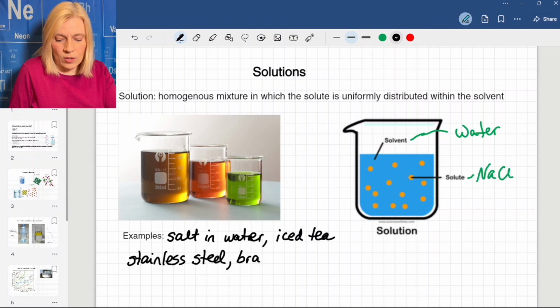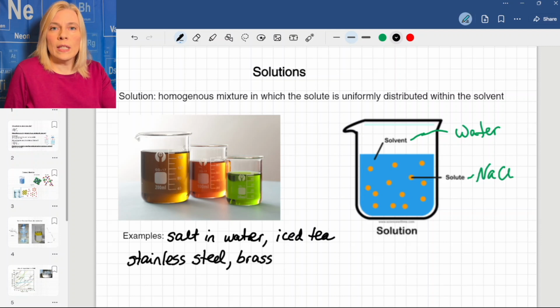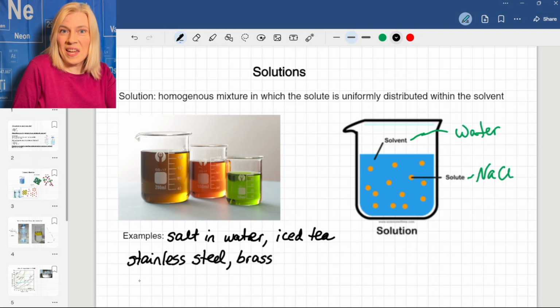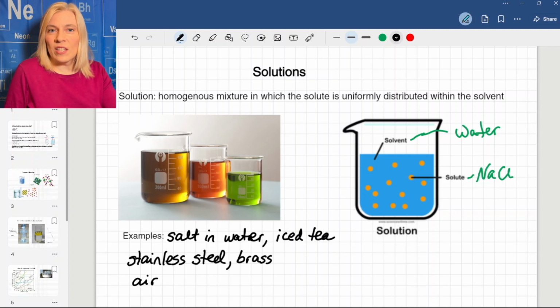Brass is also an example of a solution. It's a uniform mixture, homogeneous mixture. An example of a solution in a gas state is the air we breathe. It's a nice mixture of nitrogen, oxygen, and some other little trace amounts of other gases. So now that we know, let's talk a little bit more about solutions.